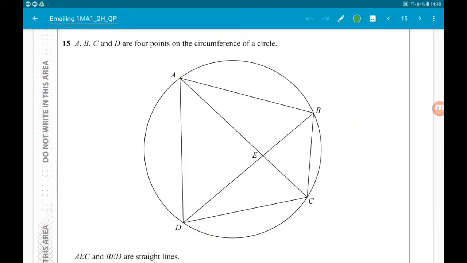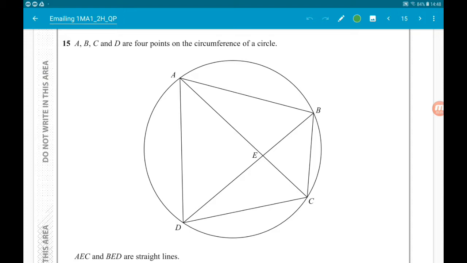Okay, number 15, we have circle theorems and similar triangles. So, A, B, C, and D are 4 points on the circumference of a circle. We are told A, E, C and B, E, D are straight lines.